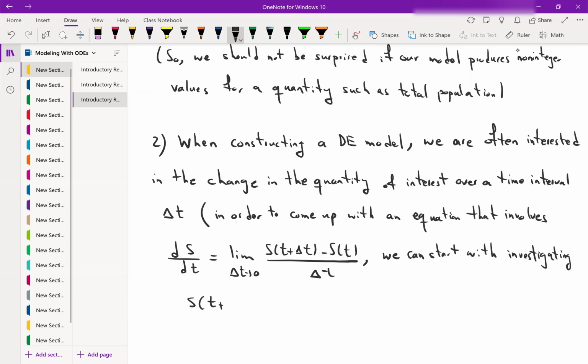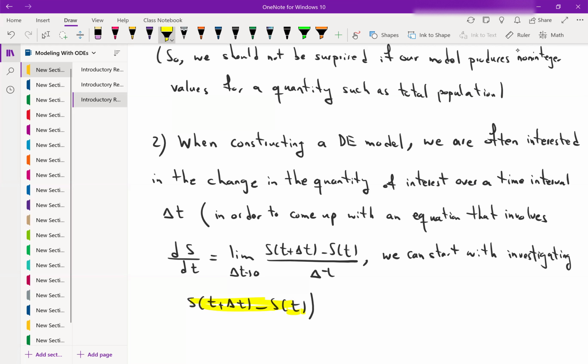So this actually happens a lot in many of our models when we want to come up with a differential equation for the quantity of interest S. We start by understanding this quantity, S(t + delta t) minus S(t). And of course, ultimately, we keep in mind that we want this delta t to be very small. We want to divide this by delta t and take the limit as delta t goes to 0 to come up with the derivative.